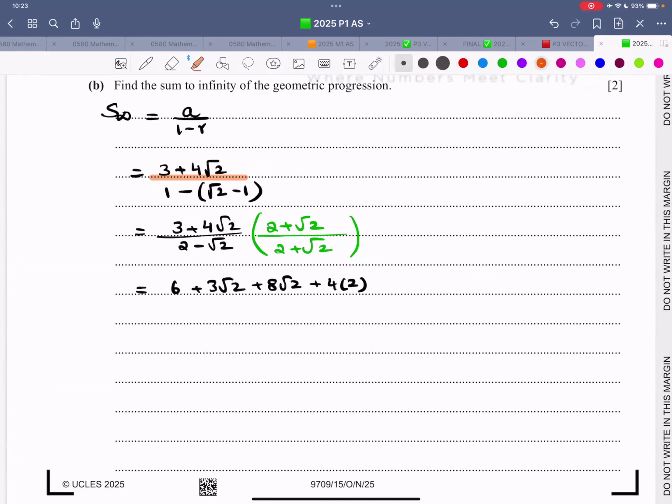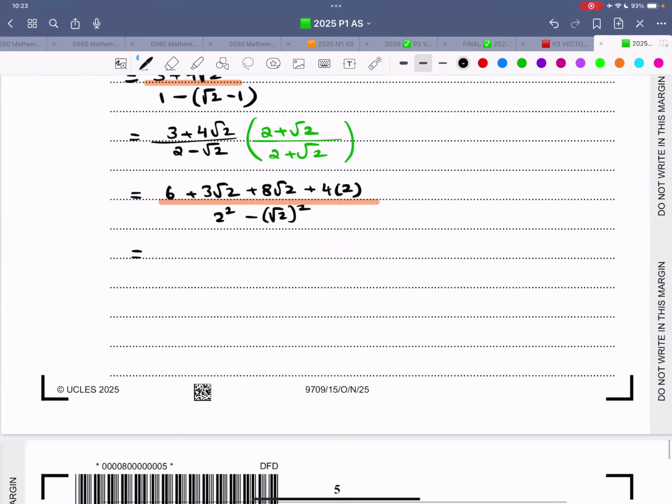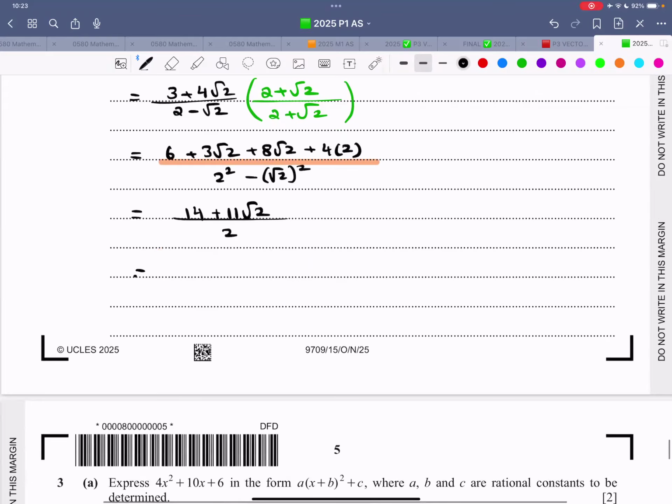The whole thing is being divided by 2 square minus root 2 square. So now this is 6 plus 8, that is 14. This is 11 root 2. And this is 4 minus 2, that is 2. So this is 14 over 2, which is 7. That is 11 over 2 root 2.